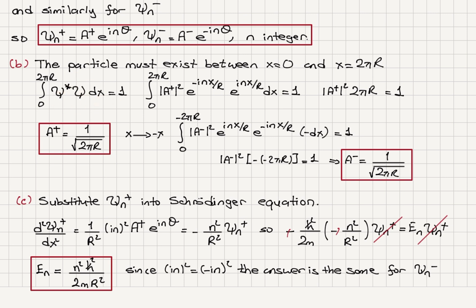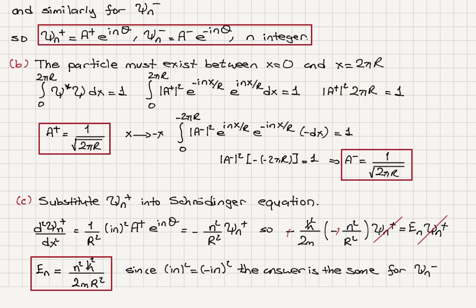So complex conjugate of this gives us e to the minus I n theta. Complex conjugate of this gives us e to the plus I n theta. So if we perform this integration from 0 to 2 pi R, x goes from 0 to 2 pi R, of psi complex conjugate psi dx, we obtain a plus must be 1 over square root 2 pi R.